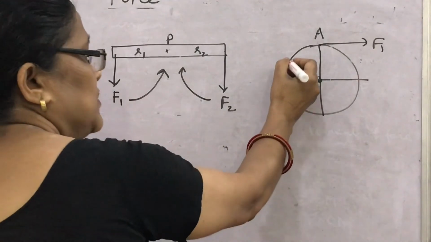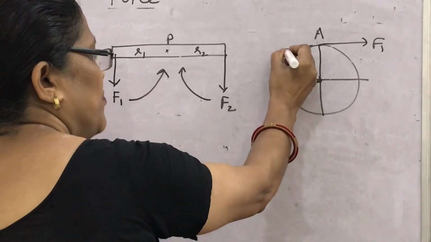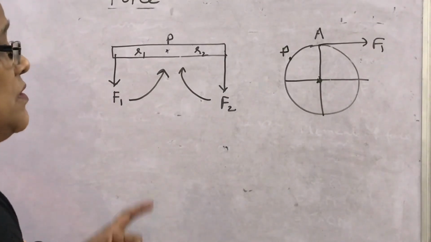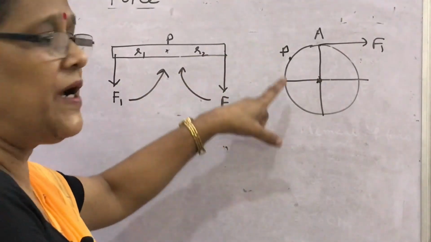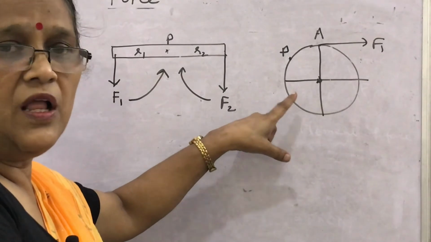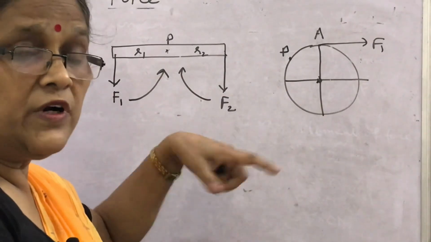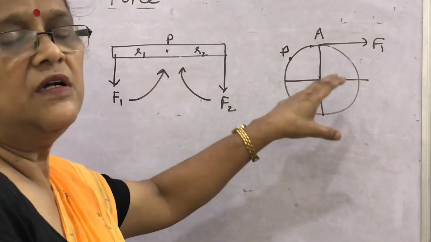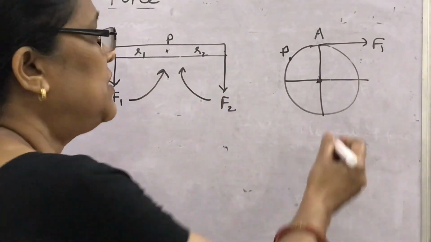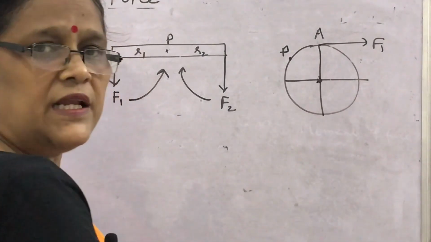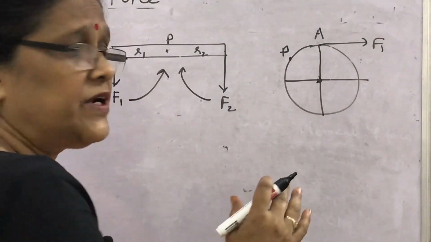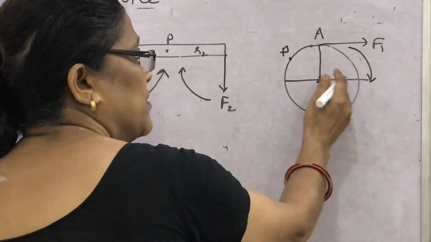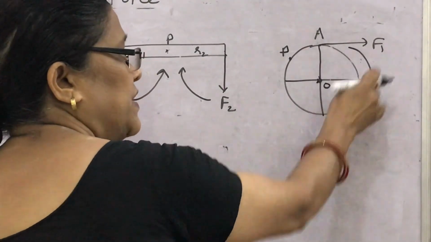The question is, suppose at this point P, a force is applied, find its magnitude and in what direction it should be applied so that the wheel doesn't rotate. You know this F1 is applied in this direction. How will the wheel rotate? This is the fixed point O, then the wheel will rotate about the axis passing through the fixed point in this direction.